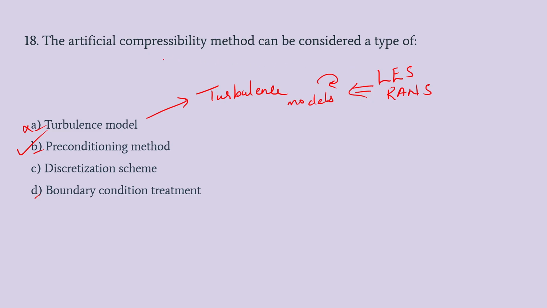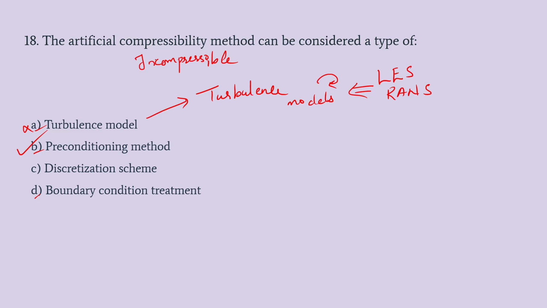The artificial compressibility term is for incompressible flows. It's about the incompressibility of the flow, which is a flow property.